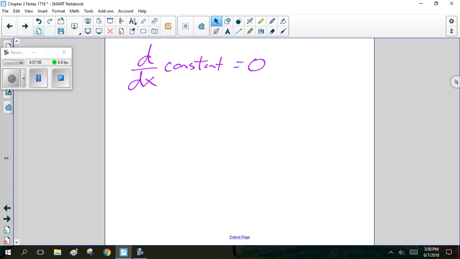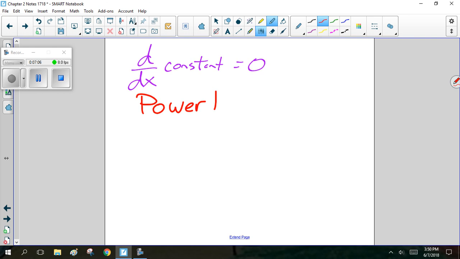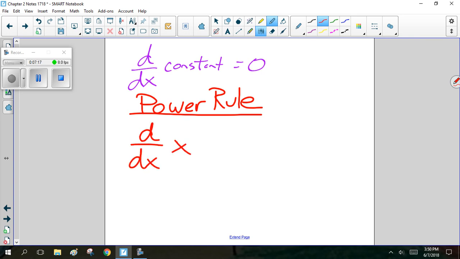Thing 2, we're going to do this one in red because it's the one you'll use the most. The power rule. You probably won't learn this for a couple of weeks in your math class, but here's what the power rule says. The power rule says that if you take the derivative with respect to x of x to some power n, that is the same as, you take the power and bring it out front, so my power is n, and then you multiply that by x to the same power minus 1.